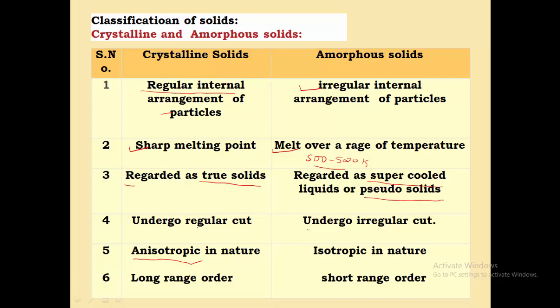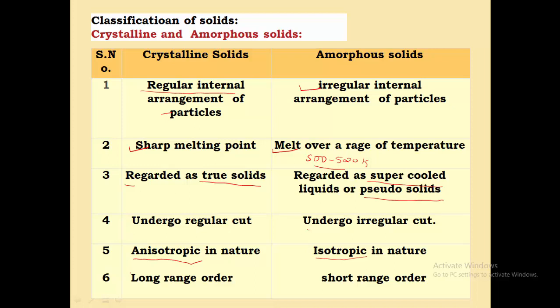All these values will differ when they are measured along different directions in crystalline solids. And amorphous solids are isotropic in nature. Isotropic means the physical property values are the same in all directions. They give the same value if you measure in any direction in that solid.